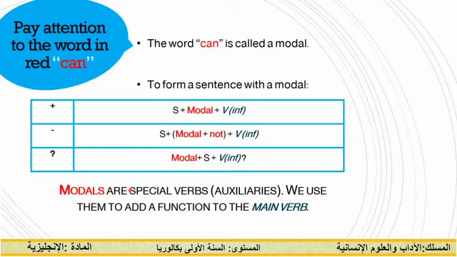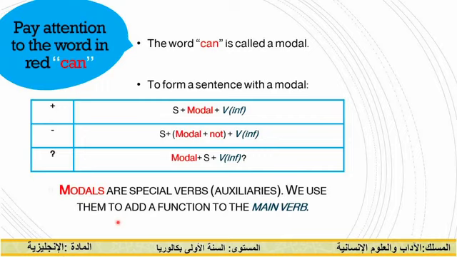Now we have a little definition for what a modal is. Modals are special verbs or auxiliaries. We use them to add a function to the main verb. So we have the main verb and we need to add a function. So they are helping verbs.